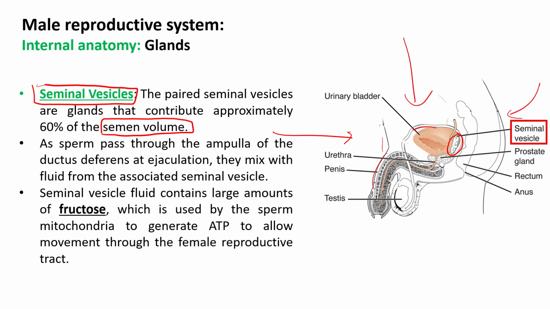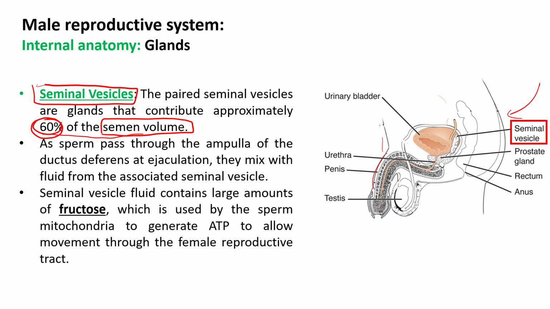The bladder is this one in orange, right? The seminal vesicles are behind the bladder. So an easy way to identify them is by looking for the bladder, and right behind it is where they are. There are two, and they produce about 60% of the semen volume.